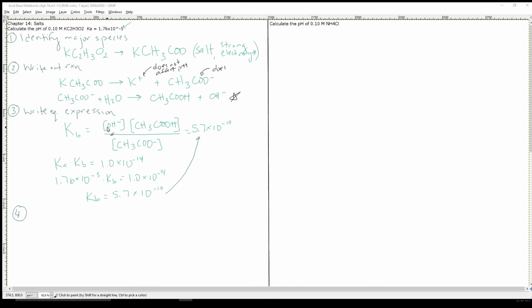We have hydroxide ions, and I know I can figure out the concentration of hydrogen if I know the concentration of hydroxide. So our ultimate goal is to get the concentration of these hydroxides. So that means that I need to figure that out, which means I need an ice chart. This unit, you have a lot of different tools you can use, and you want to just figure out which tool you need to use for which problem. So ICE in my equation.